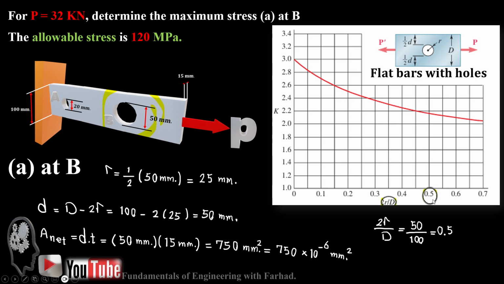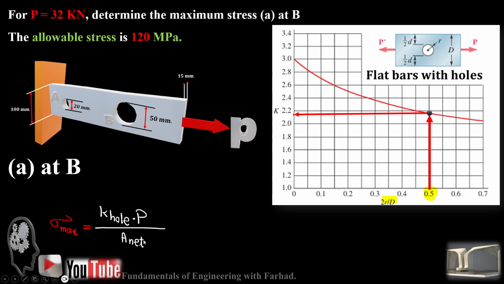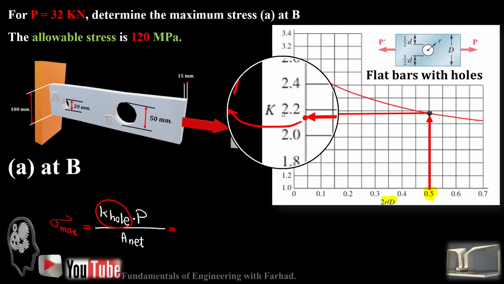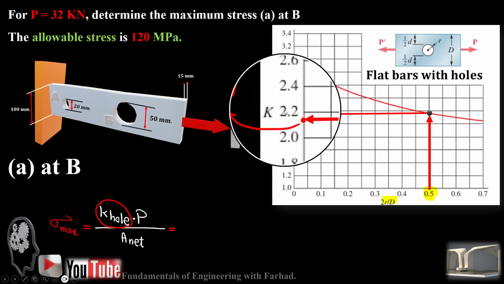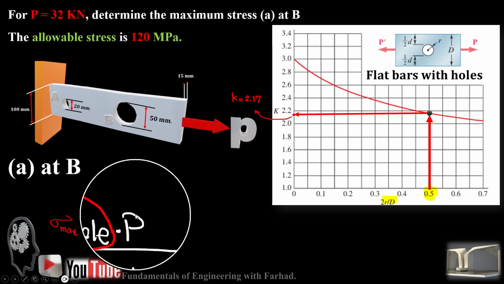If you read it from the chart, this time climb up from our chart and read the K value. Sigma maximum is nothing but K times pulling force over the net area. You can read the K value between 2 and 2.20, and it's almost 2.17, 2.18.